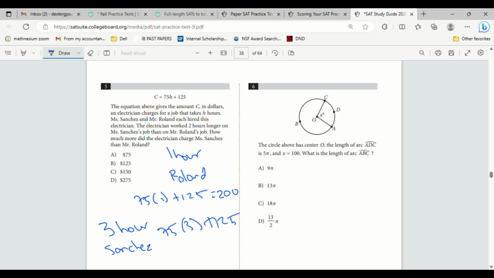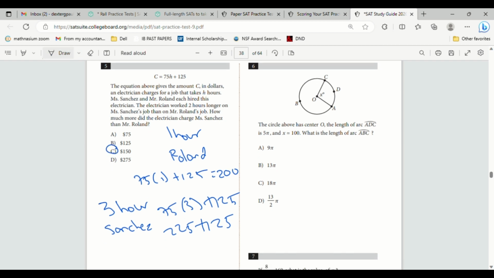Sorry, 75 times 3 is 225, plus 125, which is 350, and that's an additional $150 more than 200.